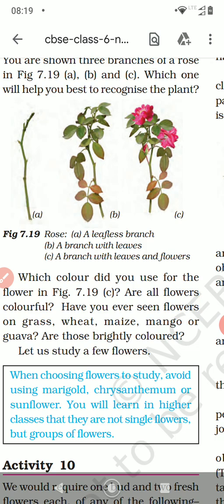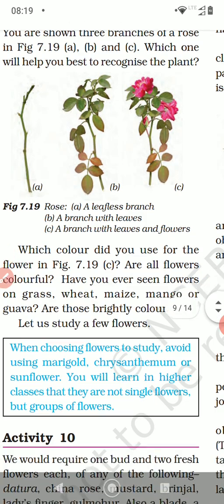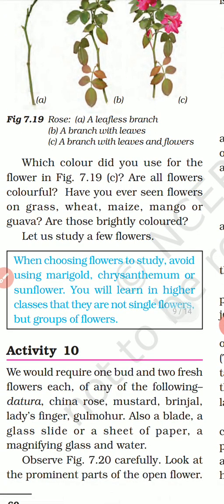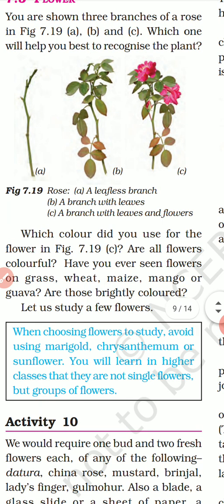Now children, today we are going to study about the flower, which is a very important part of the plant. Now which color did you see for the flower? What is the color of the flower? Is it pink? All the flowers are colorful.